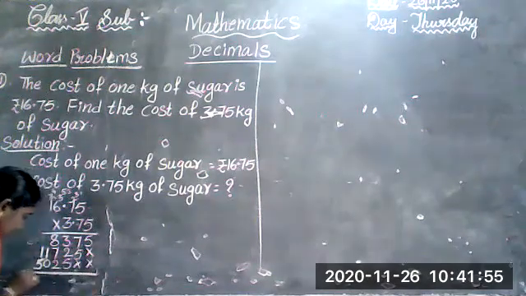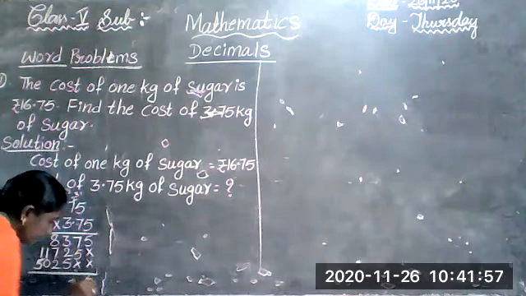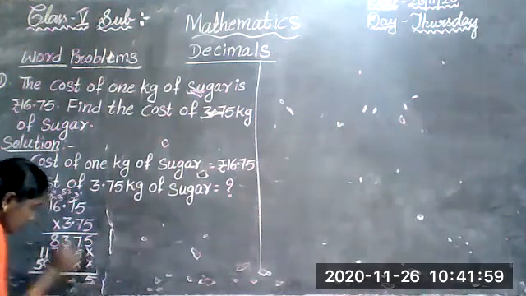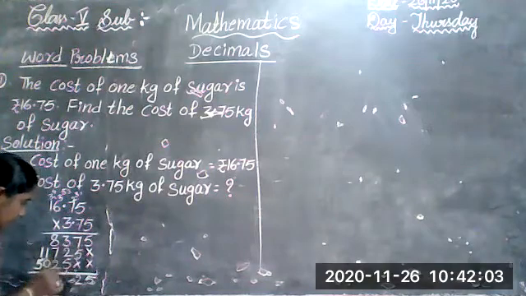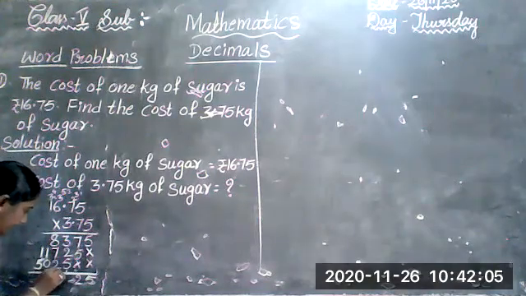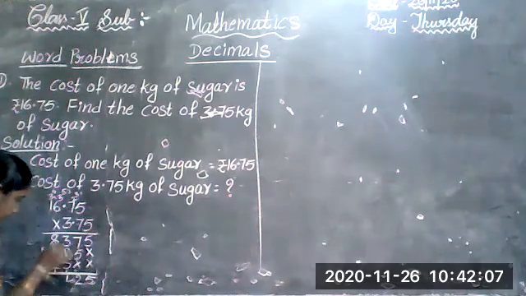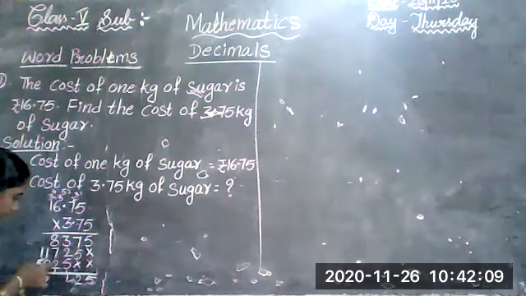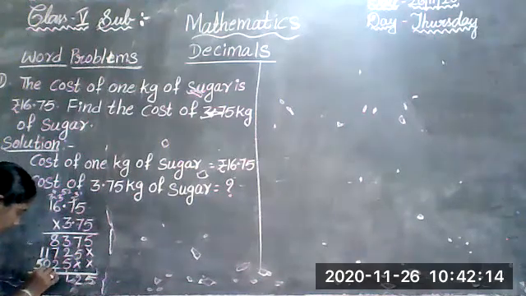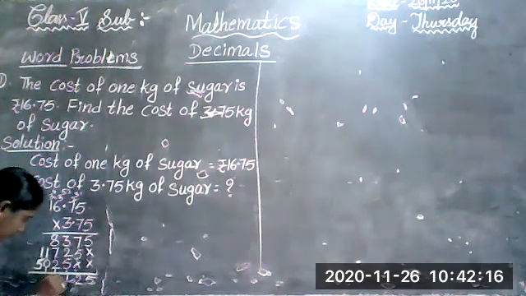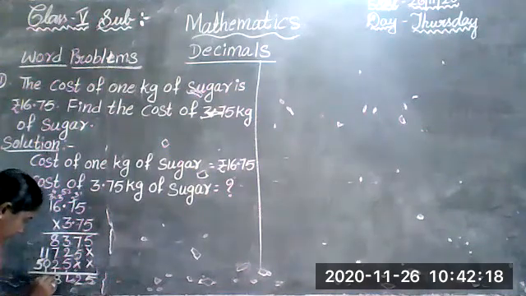Add this. 7 plus 5, 12. 3 plus 2, 5. 5 plus 5, 10. 8, 8, 16 plus 2, 18. 1 plus 1, 2, 6.